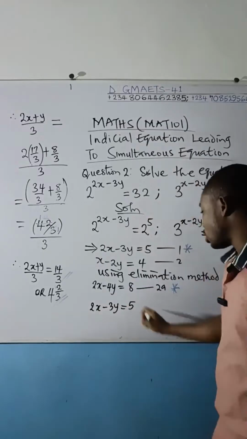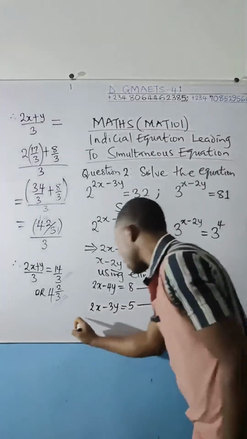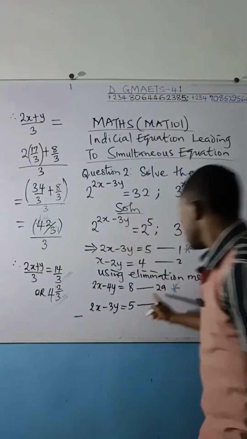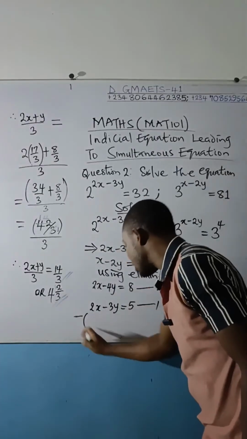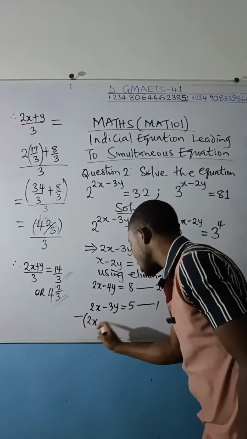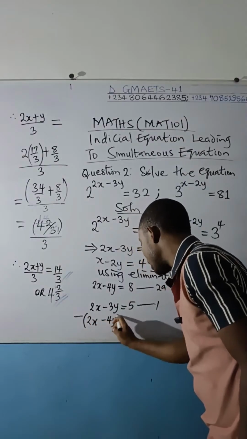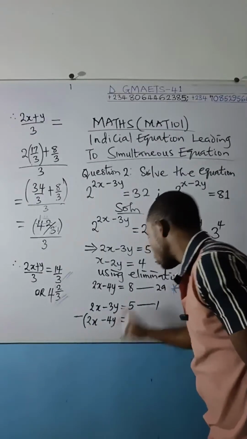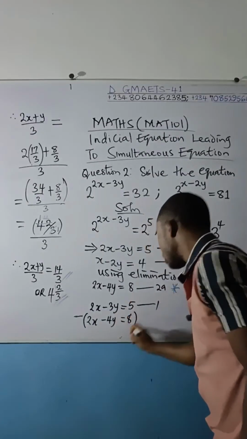That is equation 1. I'll now subtract equation 2a. I will bring it below here: 2x minus 4y equal to 8. That is equation 2a.